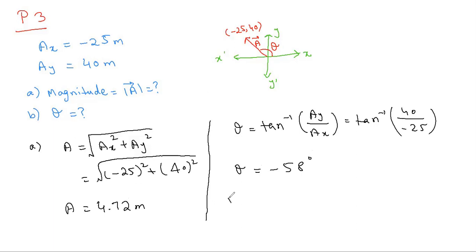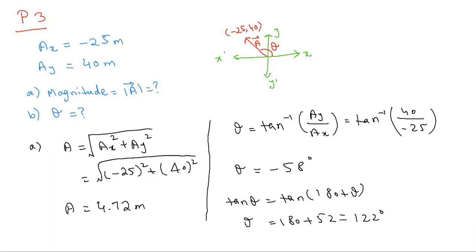But we know that tangent theta is also equal to tangent of 180 plus theta, so another angle can be found. So 180 minus 58, this is 122 degrees.